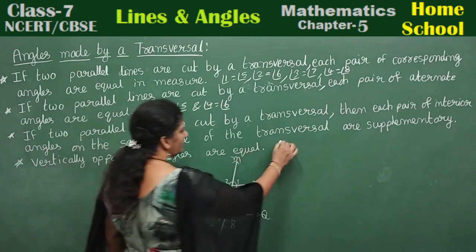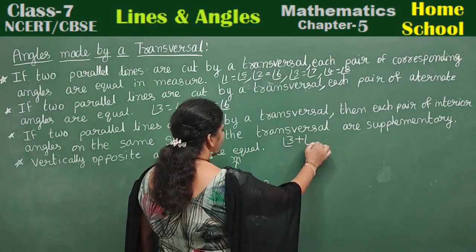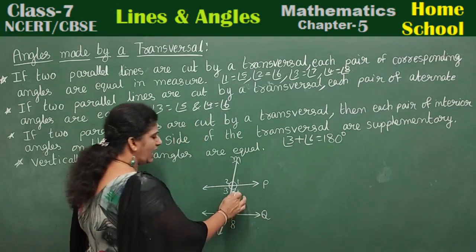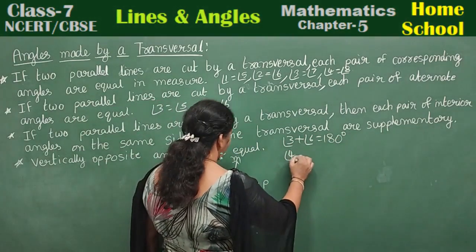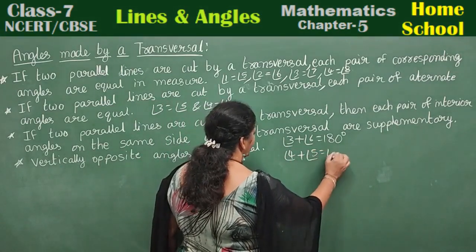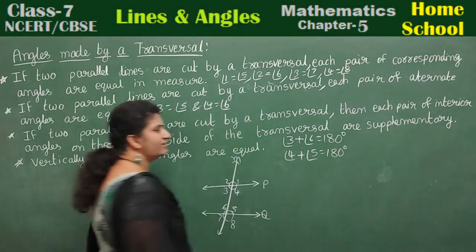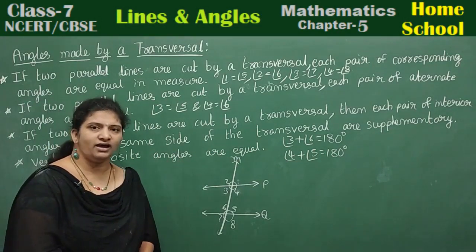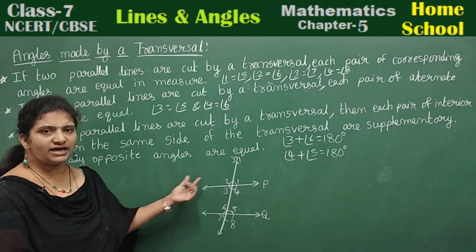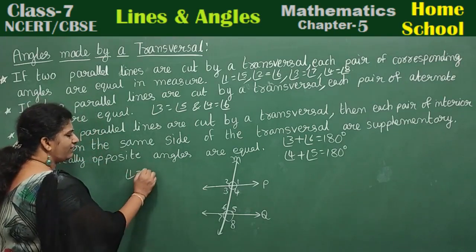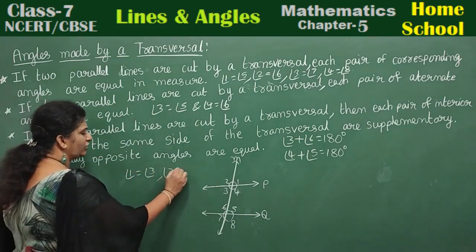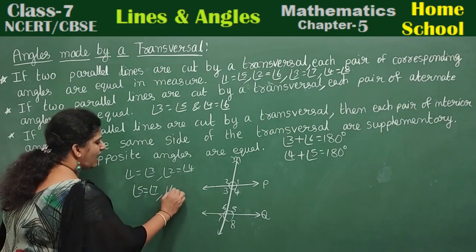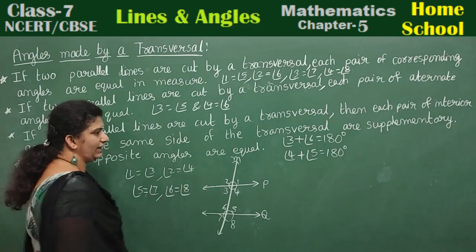Angle 3 plus angle 6 is equal to 180 degrees, and one more pair, angle 4 plus angle 5 is equal to 180 degrees. Right? And the last point, vertically opposite angles are equal. Angle 1 equals angle 3, angle 2 equals angle 4, angle 5 equals angle 7, angle 6 equals angle 8.